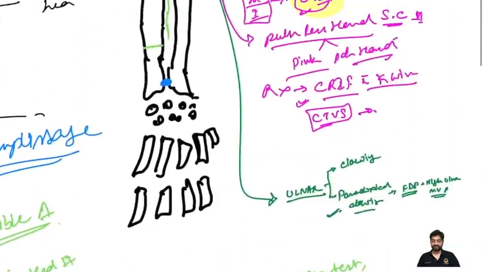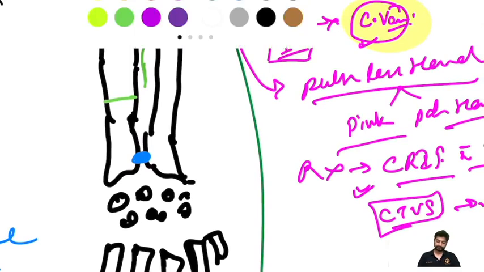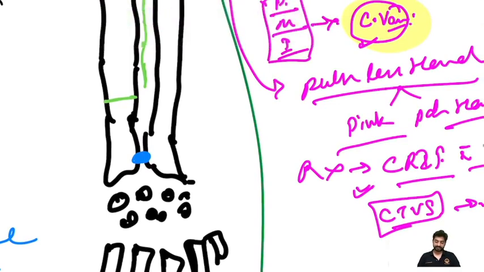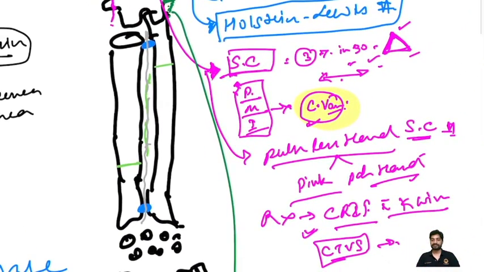There is a disruption of the DRUJ, and it goes along with the interosseous membrane, which attaches the radial shaft and the ulnar shaft, and it extends up to the proximal radioulnar joint. Okay, so it's known as Essex-Lopresti type of fracture.